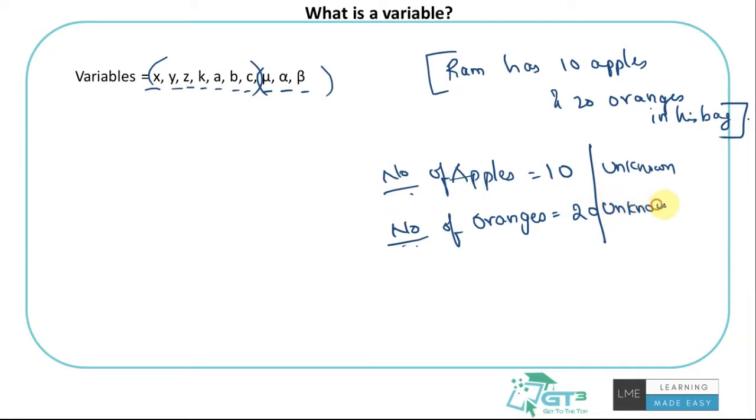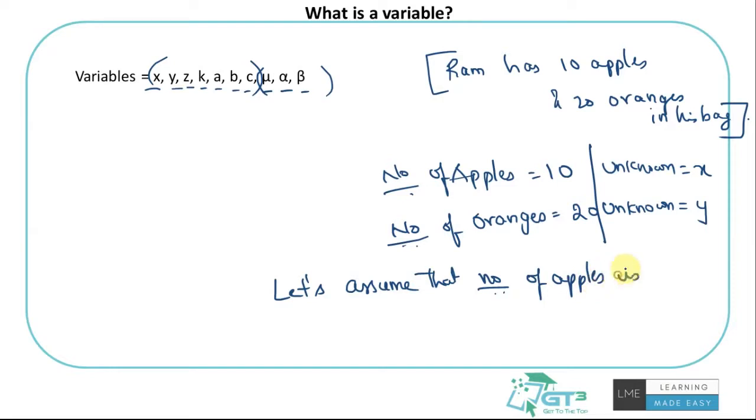In that case, when I don't know this, I can take a variable in place of it. This is how we would have done in school when we first started algebra. Let's assume that the number of apples is x.